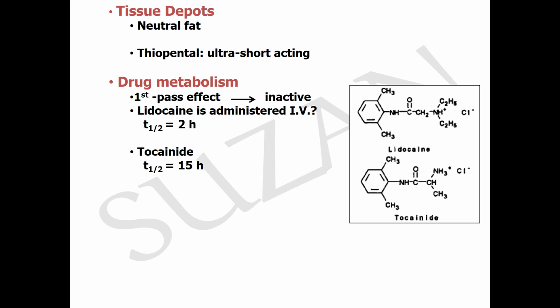Drug metabolism. Here I have changes that can take place on drugs in the liver. And I have a whole chapter, the chapter after this one, that we will take for drug metabolism.